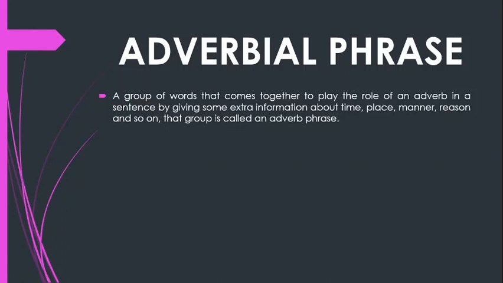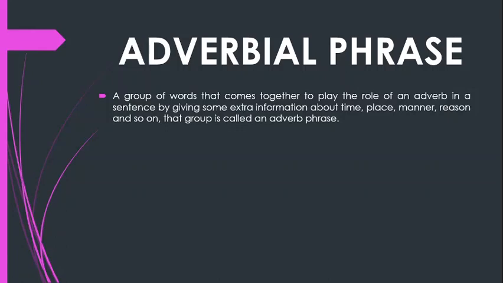And just remember, if we say we will leave when the sun rises, this word rises is a finite verb. When the sun rises. So there is a WH word, when, sun a subject, and rises a finite verb.